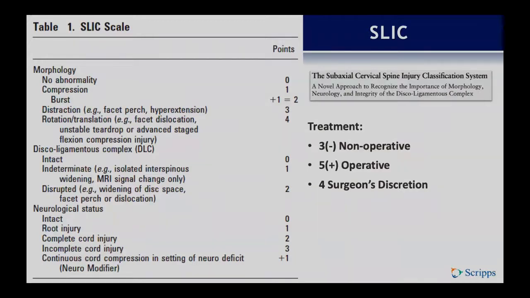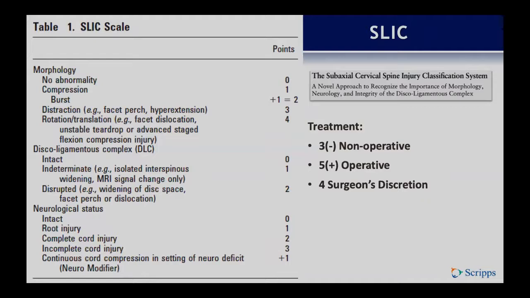Going through it here, we talk about the injury morphology, the evidence on imaging, the integrity of the disco-ligamentous complex in the anterior and posterior ligamentous structures, and obviously the disc, and then the neurologic status of the patient.